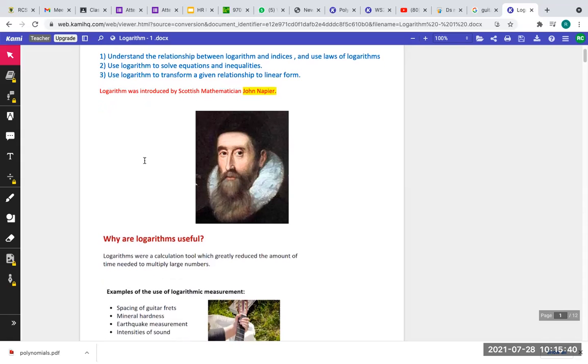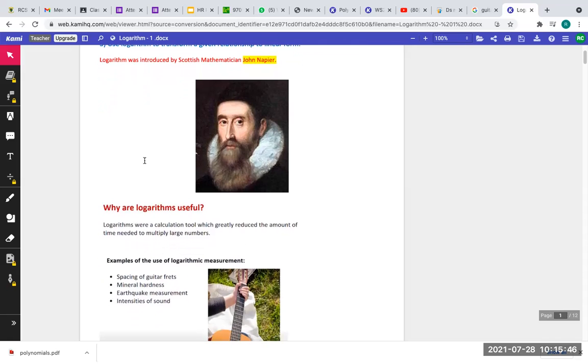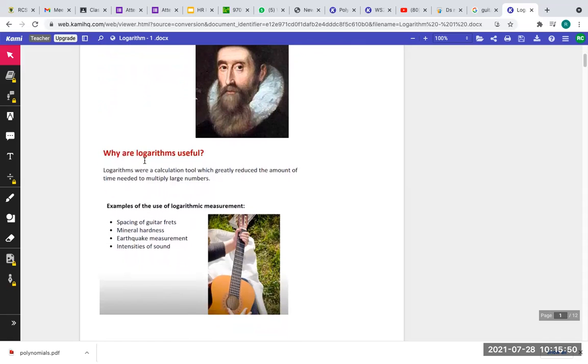Okay, so what is the importance now? It's not only just multiplying two numbers, but you can see that it is everywhere. Some examples of the use of logarithmic measurement: many of you are guitar experts, or you're studying some kind of musical instrument, right? The spacing of guitar frets needs proper spacing, and that will be in logarithmic measurement.